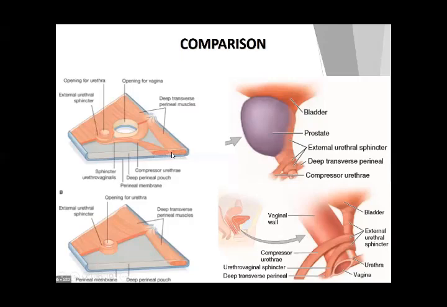They make up the urogenital diaphragm. So it was a kind of flat structure in our days, but now the deep transverse perineum is definitely a flat structure, but the external urethral sphincter, since it is more vertically placed, becomes a three-dimensional structure. You can see it here.